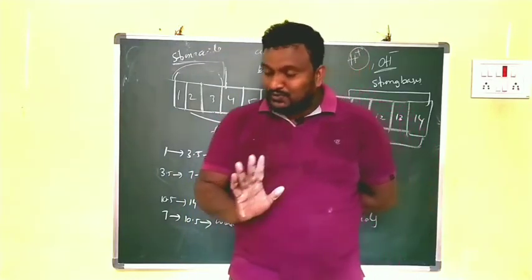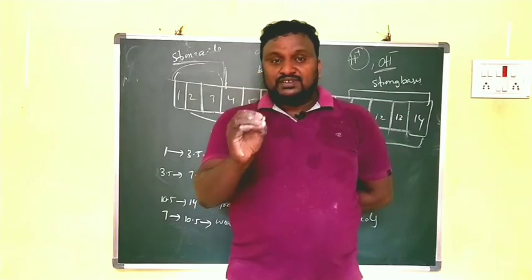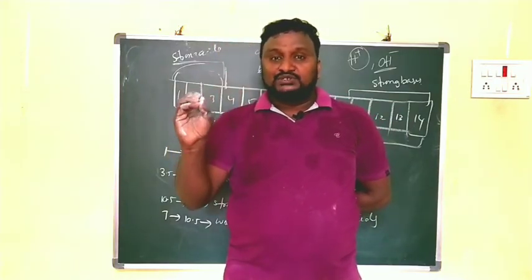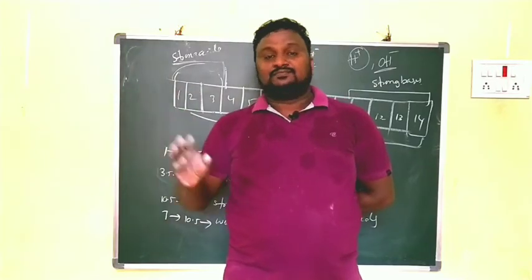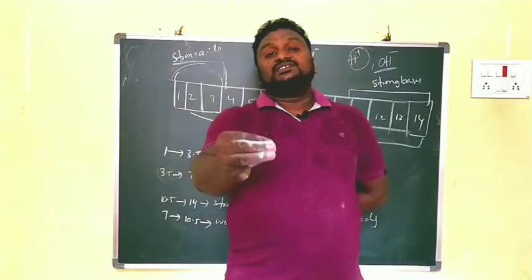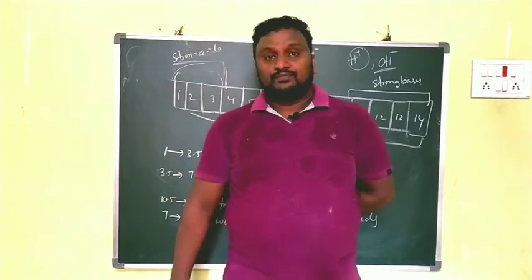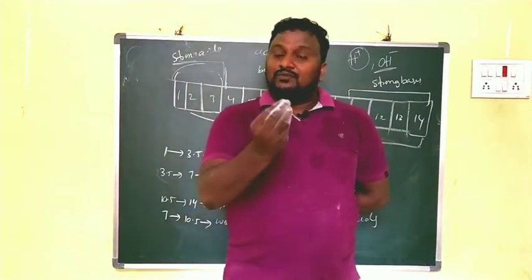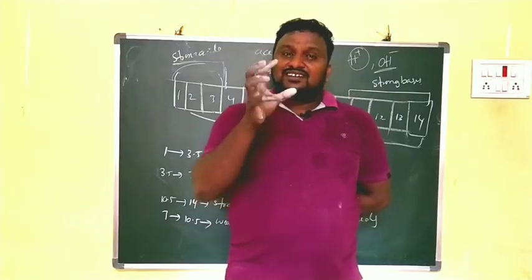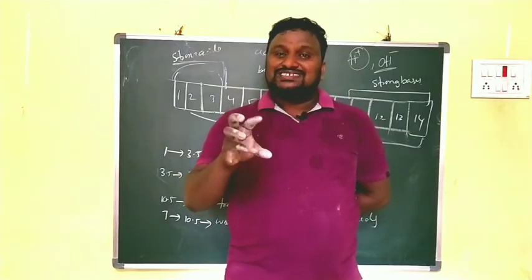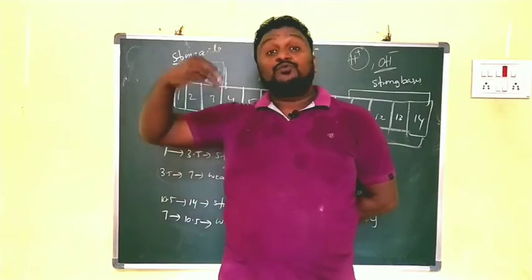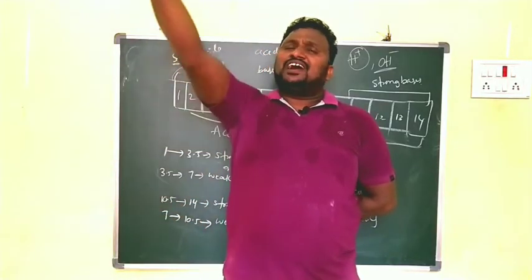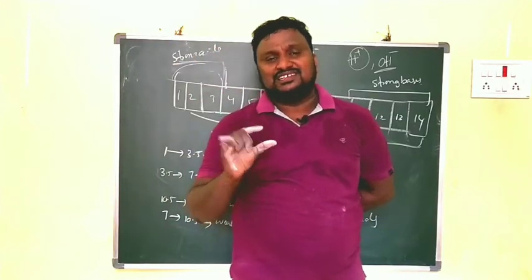Children, no need to get confused. Strong acid means that when we compare the concentration of OH minus with the H plus ions, the concentration of OH minus is almost negligible. That's why it is a strong acid. And what is a strong base? The concentration of H plus is negligible compared with the concentration of OH minus. That means OH minus is very high and H plus is very low.